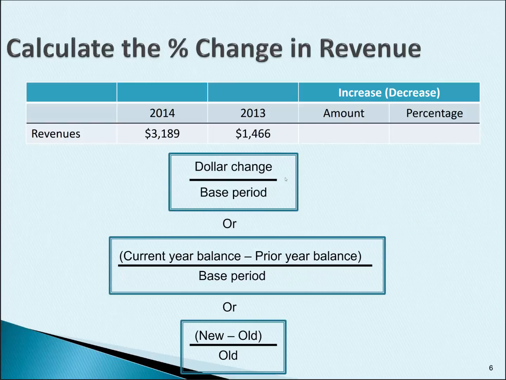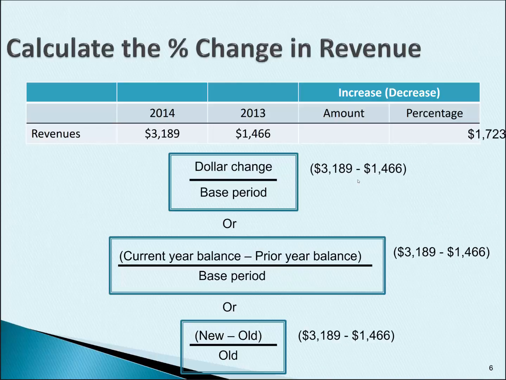So we're going to do the top part of the fraction, and it's dollar change. So the dollar change is the new year, 2014, minus the old year, 2013. So the amount of change is 1,723.